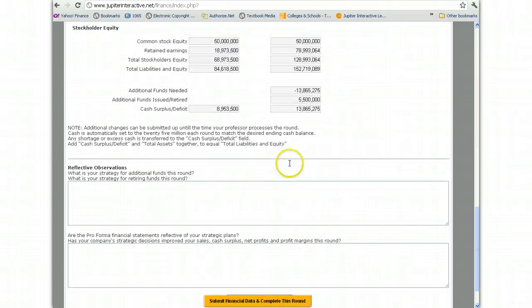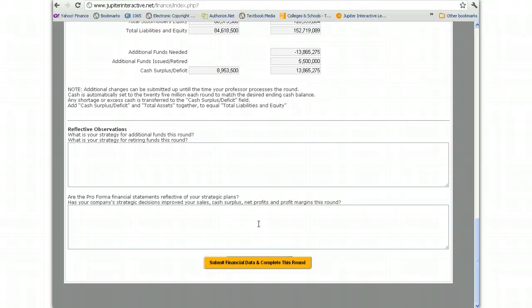I want you guys to fill this out so I get an understanding that you understand what you're doing and the ramifications of your decisions on your company's sales, net profits, and profit margins. Remember, it's critical that every company continue to increase sales, profits, and profit margins to keep investors happy.